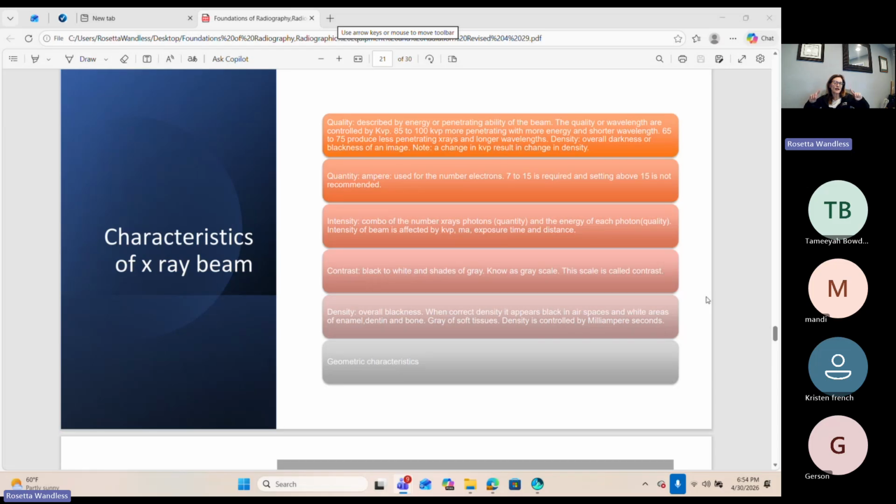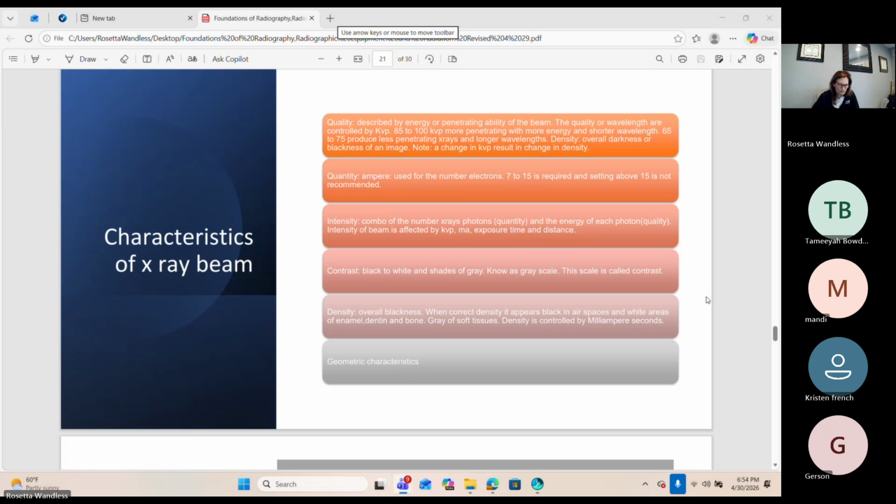And a lot of times our extraoral machines, our CBCT scan, are going to be in the higher kVp range, 85 to 100 or even higher, because it needs to have more penetrating power, more volts, more energy to use.